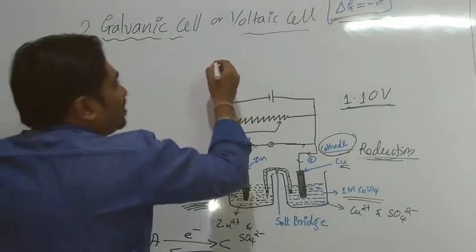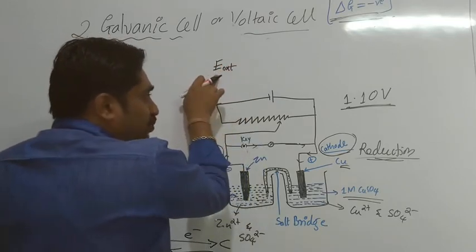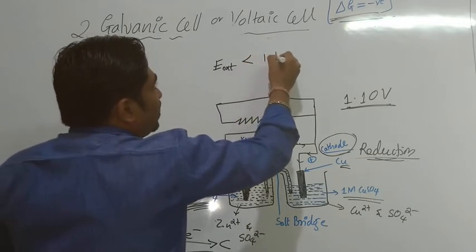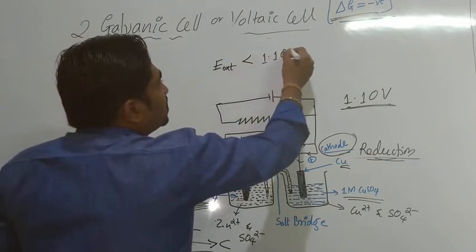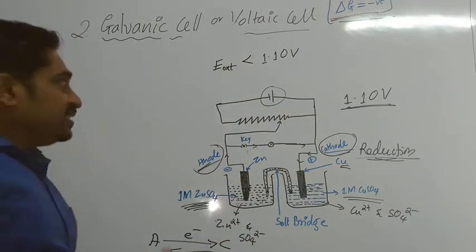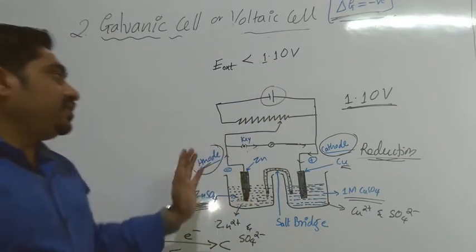What happens if the added external current or added external potential is less than 1.10 volt?